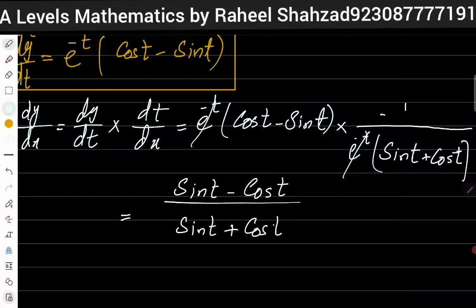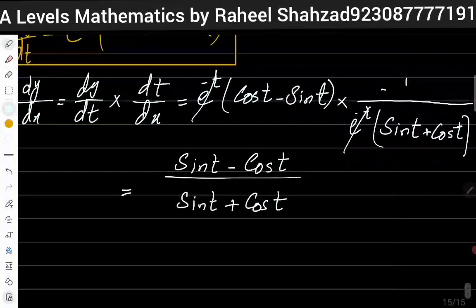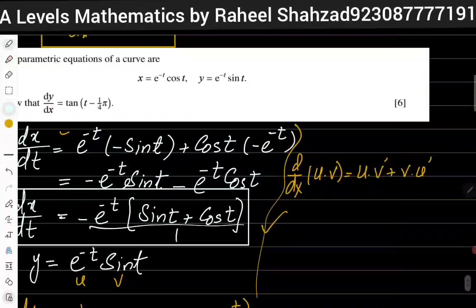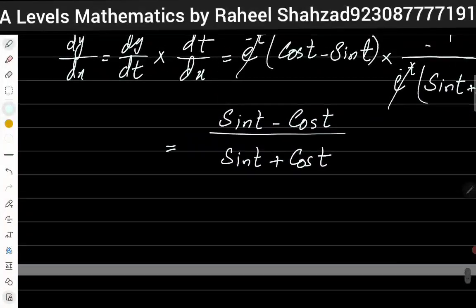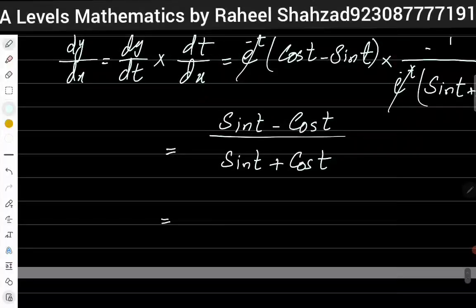Now, since in the question we need to express it as tan of (t minus pi by 4), how can we make it tan? If I divide numerator and denominator by cos t, and I have used this minus to shuffle their places here.